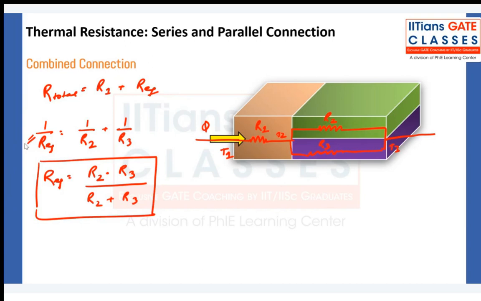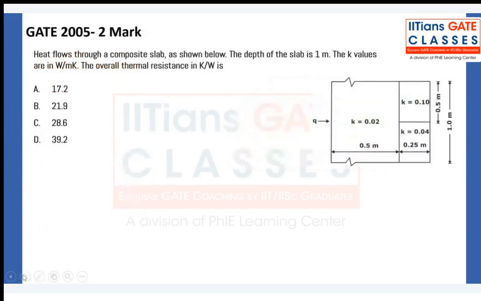Chalo. If it is clear, let's very quickly solve one question. This is a question of GATE 2005, a 2 marks question. Same thing what we have done till now. This is thermal resistance, this is thermal resistance, this is thermal resistance. Overall thermal resistance I need to find out.